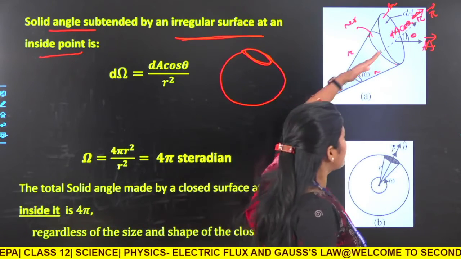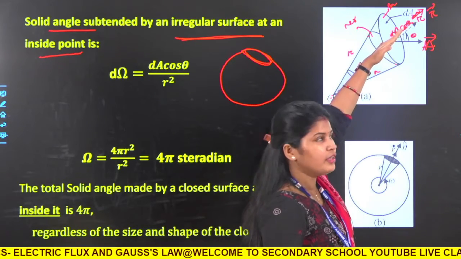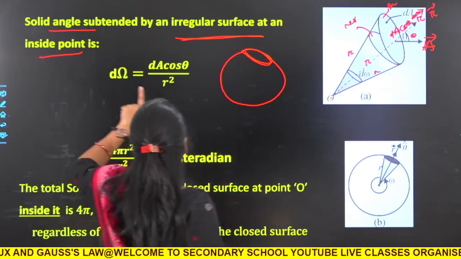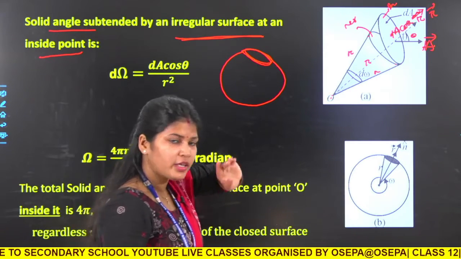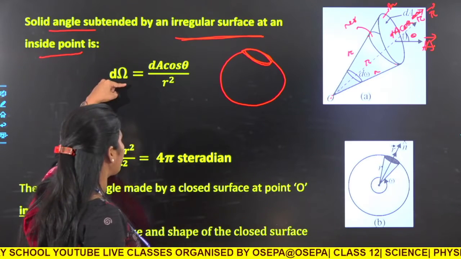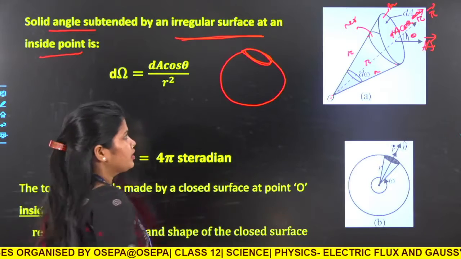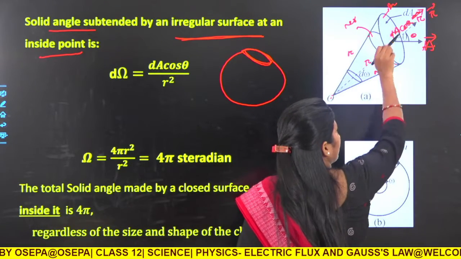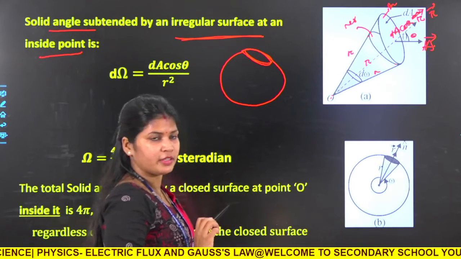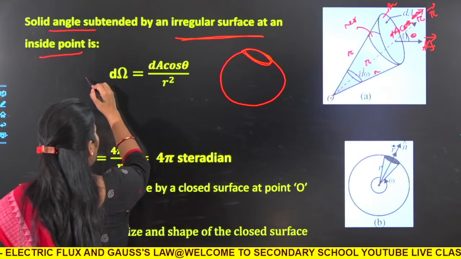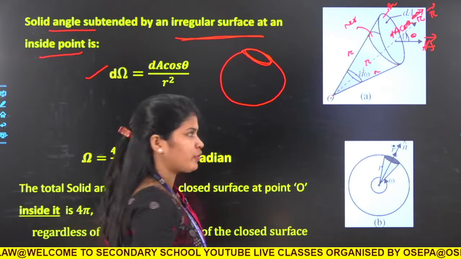So the dA cos theta component lies along the r vector, and that is what we will consider. So d omega, that is the small solid angle, is equal to dA cos theta by r square.